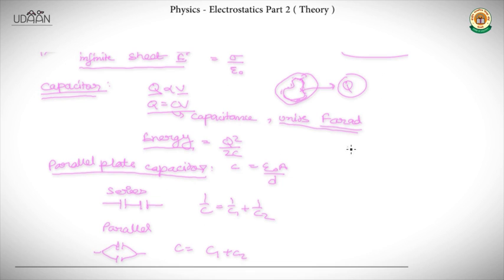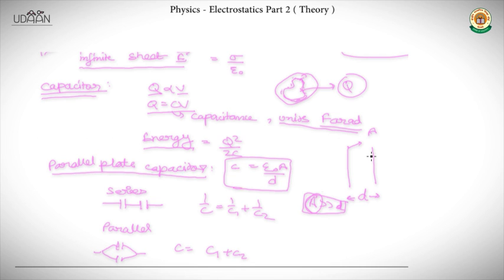Parallel plate capacitor, as in two infinite plates. For those plates, capacitance C is equal to epsilon naught A by D, where D is the distance between them and A is the area of the plates. Actually, they are not infinite plates. It is such that the dimensions of A are much greater than D. So as compared to D, A is very high, but A can be any shape.